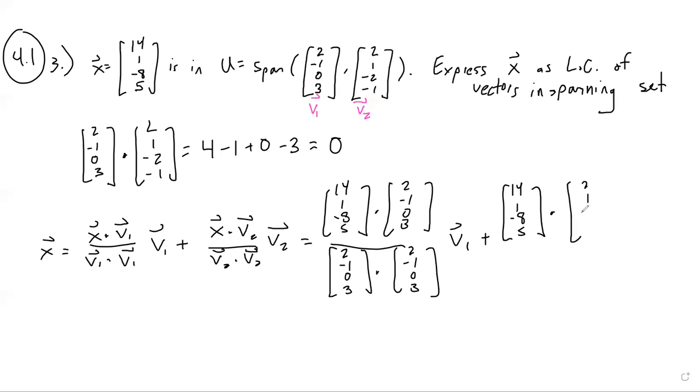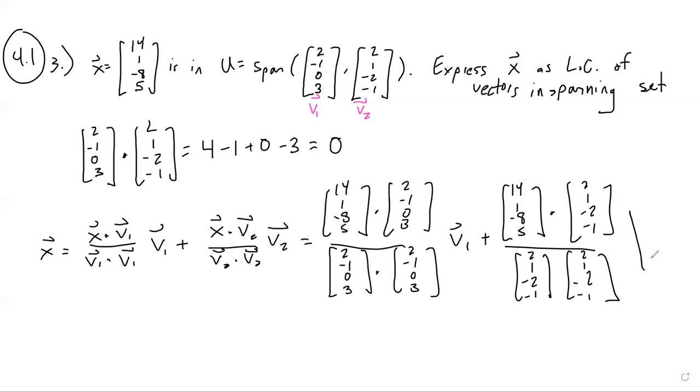And 2, 1, negative 2, negative 1, divided by the dot product of that with itself, and then in that direction. I'm missing a minus there.